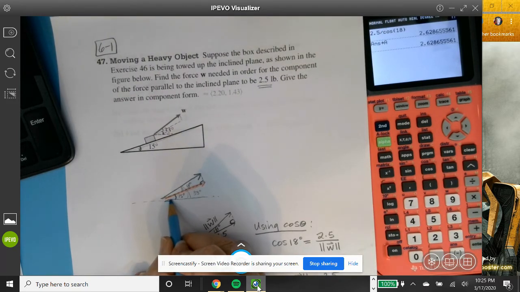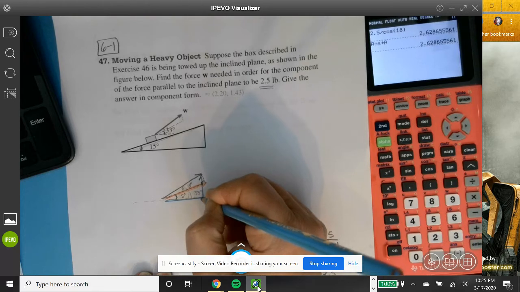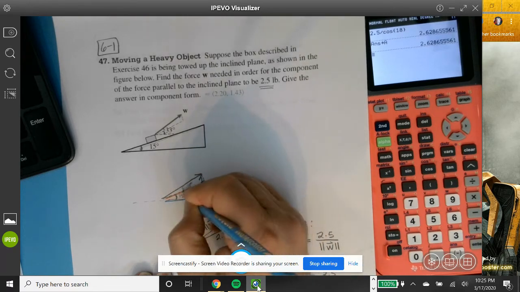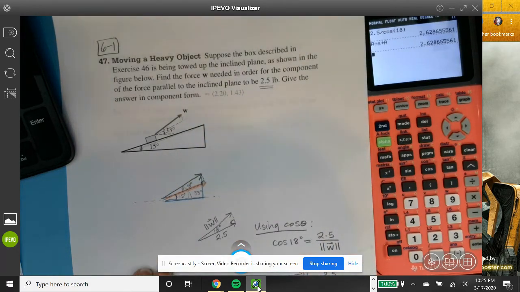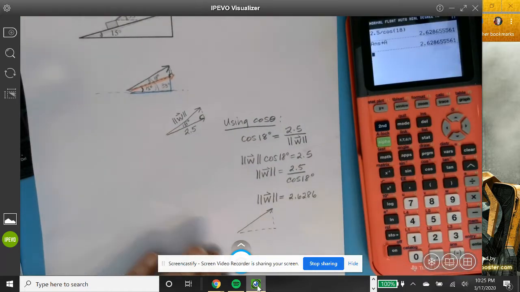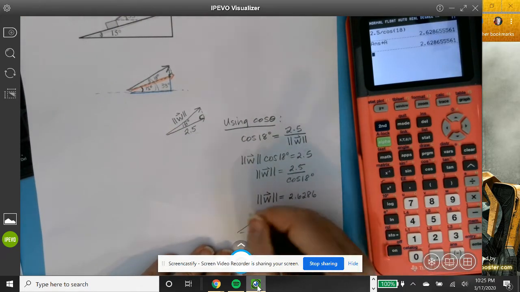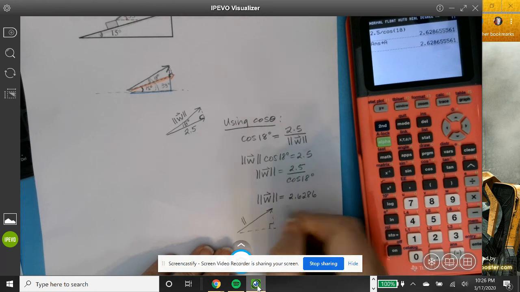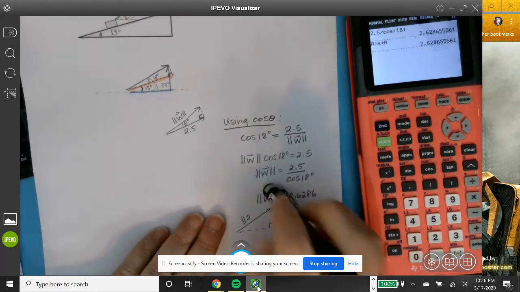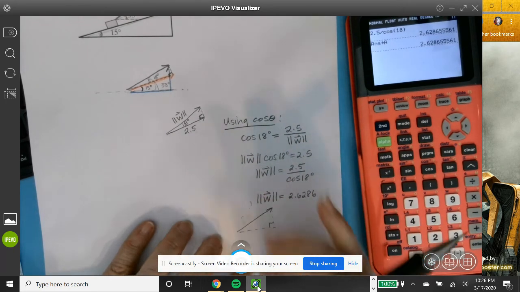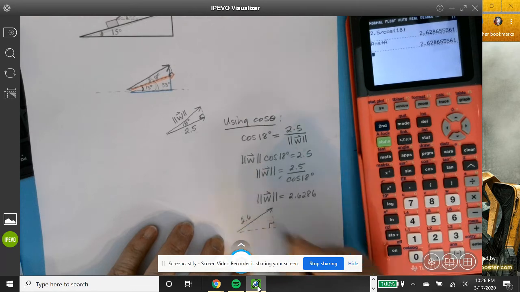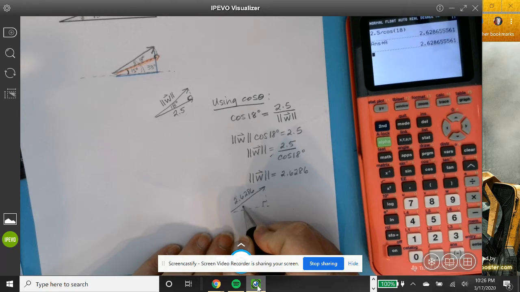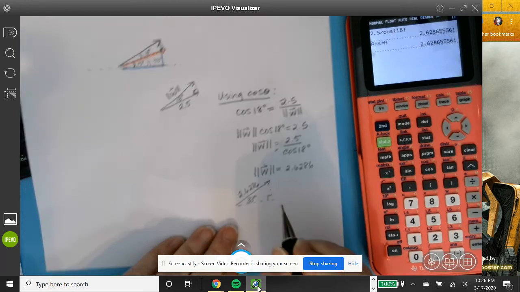It's going to be this component and then this component, which is different than this one. Okay, so I know that this is a right angle. I know the magnitude of this is 2.6286. And I know this angle is 33 because they told me.